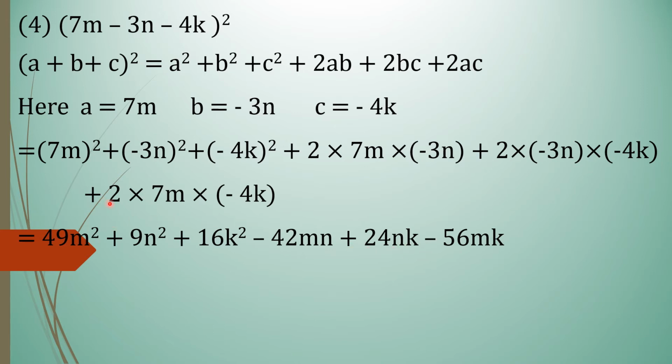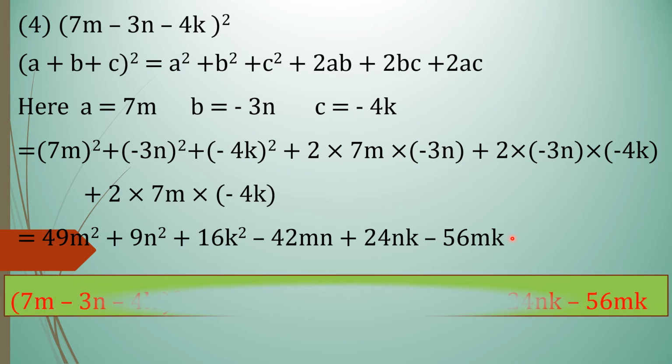Then plus what is given, 2 into 7m into minus 4k. So we'll multiply this: 2 into minus 4 is minus 8, minus 8 into 7 you'll get minus 56mk. So this is your answer.